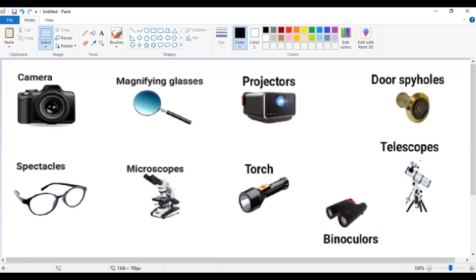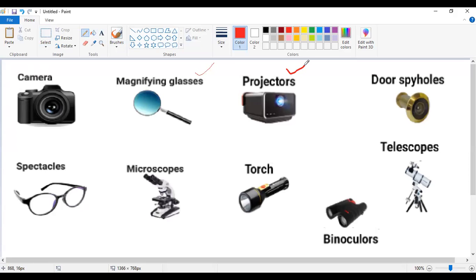Various places where lenses are used: usually camera. It is also used in magnifying glasses and projectors. Nowadays, you are using door spy holes where you can see who is standing outside of your house.